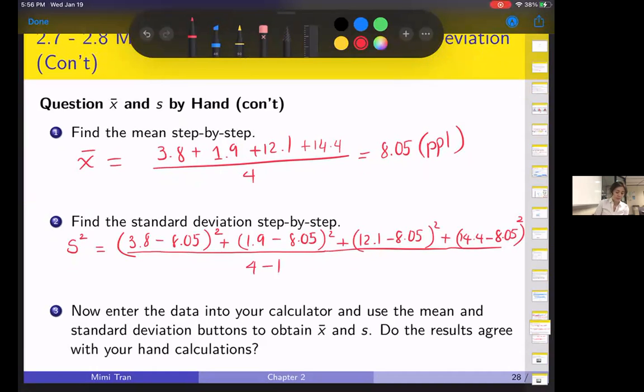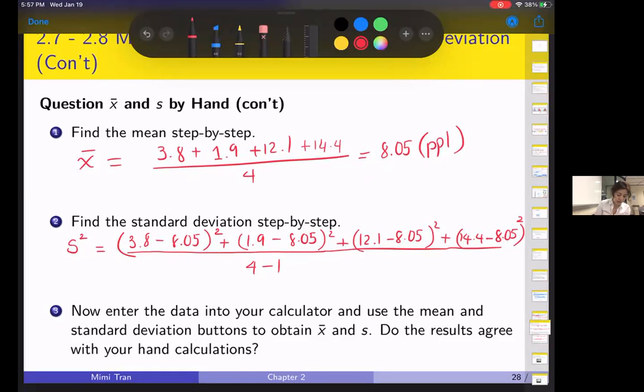Plug it in your calculator. Just do it with me. Sometimes I make mistakes. I'm going to take 8.05 and store it in X. Press 8.05 in your calculator, press STO, store to X, and enter, so X is stored as 8.05.